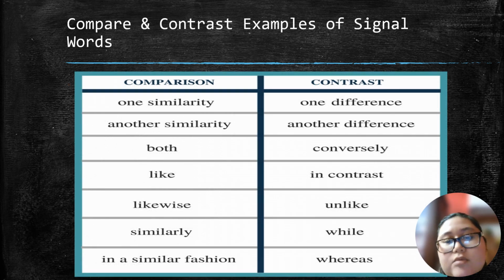Here are compare and contrast examples and words that will clue you into what is a compare and what is a contrast. For compare: one similarity, another similarity, both, like, likewise, in a similar fashion are words of comparison. The words of contrast are one difference, another difference, conversely, in contrast, unlike, while, whereas.